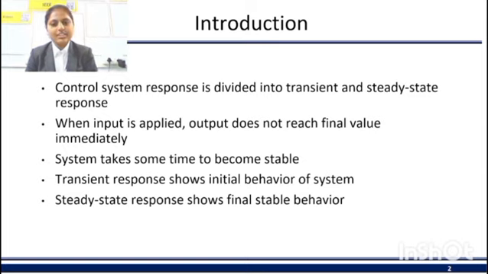This is known as the steady state response. The steady state response indicates the final value of the system and reflects its accuracy. Thus, the transient response shows how the system reaches the final value, while the steady state response shows the final stable behavior of the system.